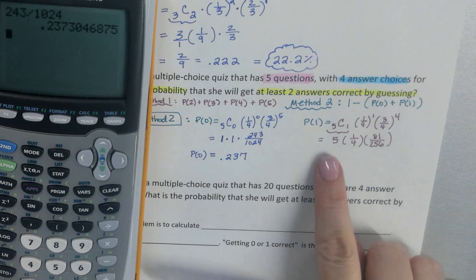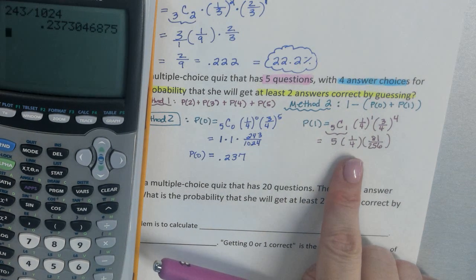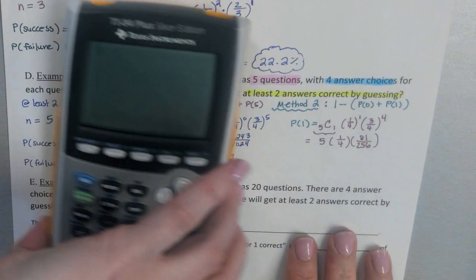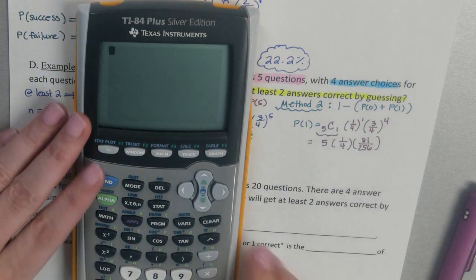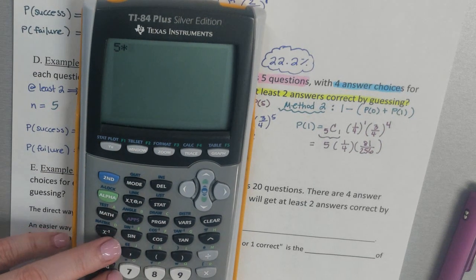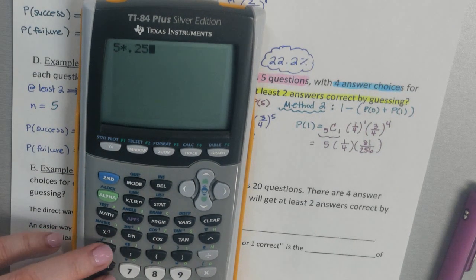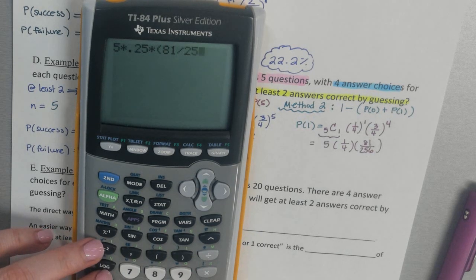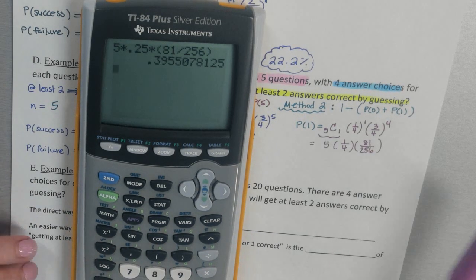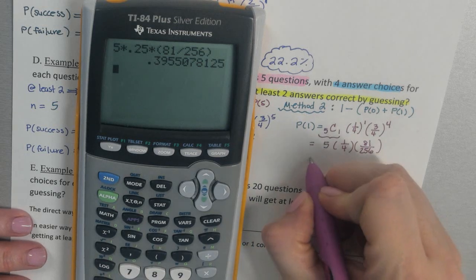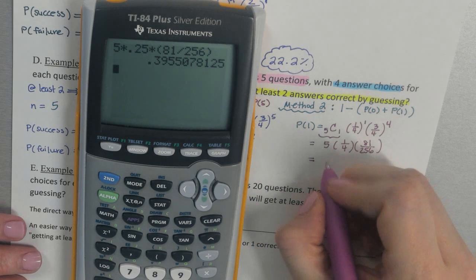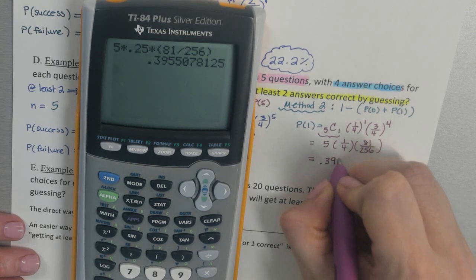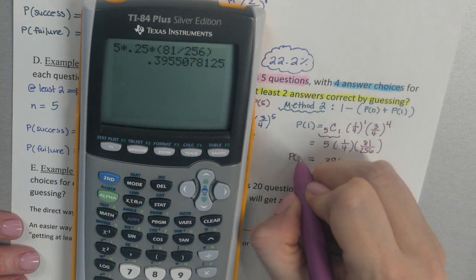Okay, and something like this you can absolutely use your calculator on. You can do all of those together. So if I were doing that in my calculator, I could do 5 times, I would just change that to 0.25 times, and then in parentheses, 81 divided by 256. And then remember, you're doing 3 places after the decimal, and we're rounding that one.